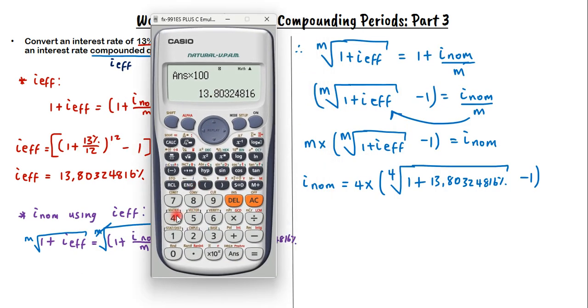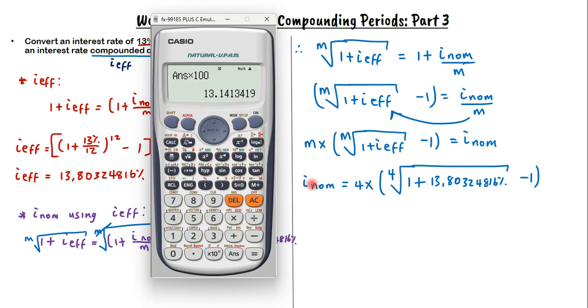You only get to do this if the calculator has captured it. If it hasn't, please make sure that you press it as it is, so you don't make mistakes. Now we subtract this from 1, close bracket, then this is the answer, but then we multiply this answer by 100, and this gives us our interest.